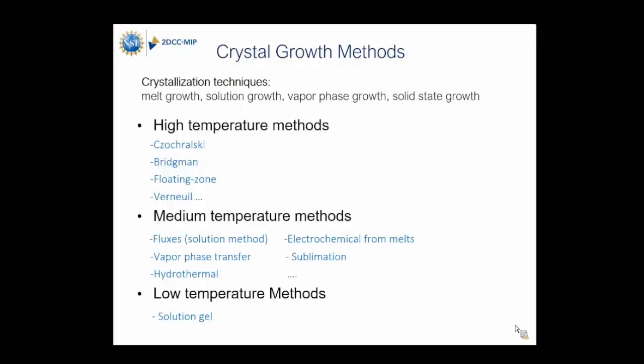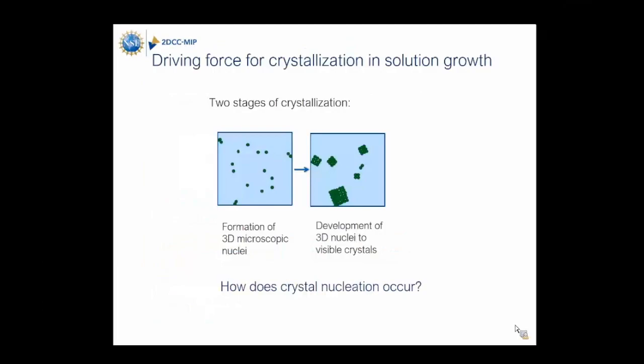Low temperature methods are usually below 100. In this presentation, I'm going to introduce four methods: flux, CVT, floating zone, and Bridgman, which are heavily used in my research and also in 2DCC.